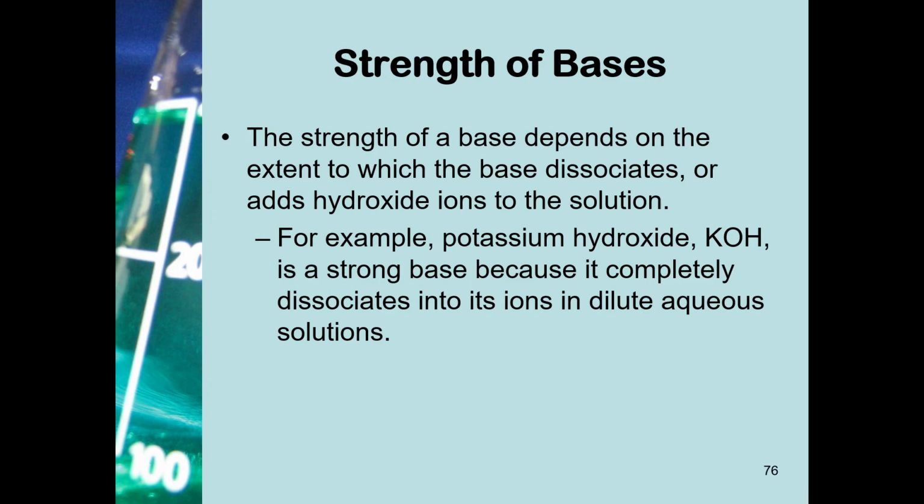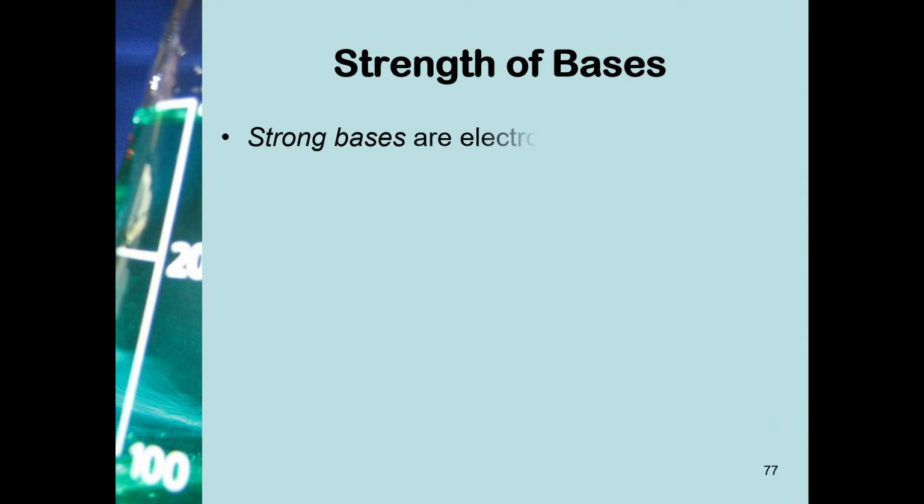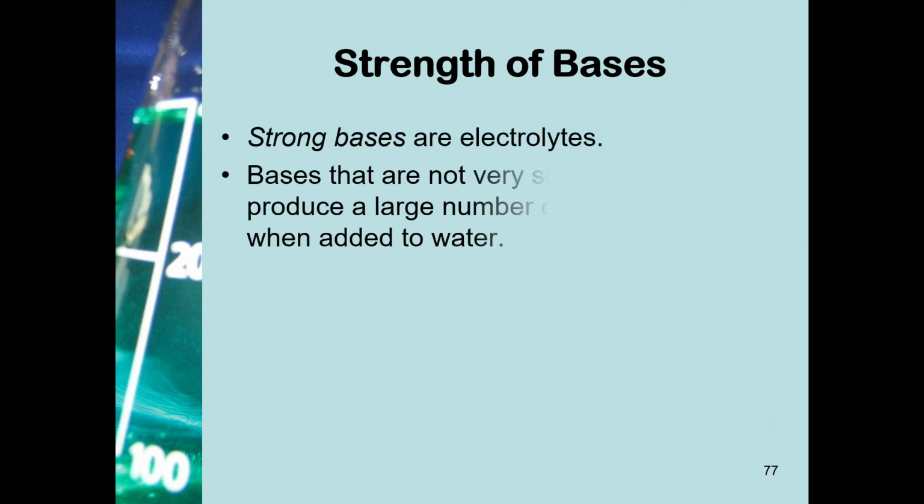So this is an ionic compound, and so it's a very strong base. Even if it's dilute, it'll be considered strong. So here is the dissociation of KOH. Notice it produces a potassium ion, but the part that's important in this discussion is the OH negative, which produces a hydroxide ion.